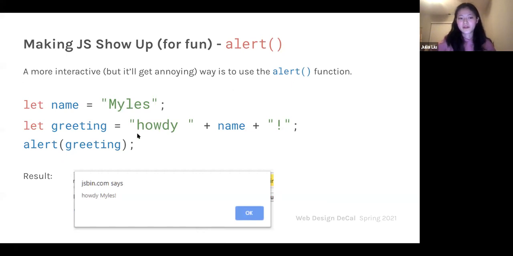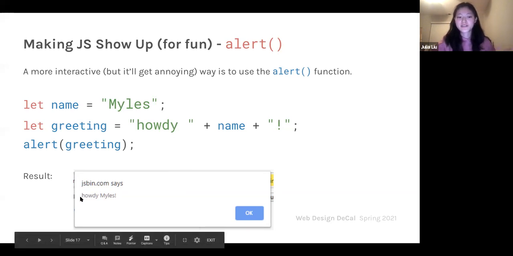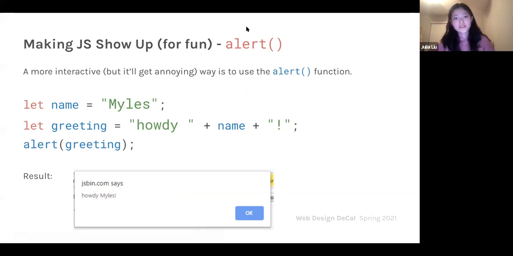For example, if you want to verify that greeting is correctly howdy Miles, you can use alert greeting and it'll print out howdy Miles within the popover alert. That's just another way to verify things, but obviously this is not as good as console.log, because it displays itself as a pop-up and it gets kind of annoying if you have a lot of alerts, but it's a funner way to do things if you want.